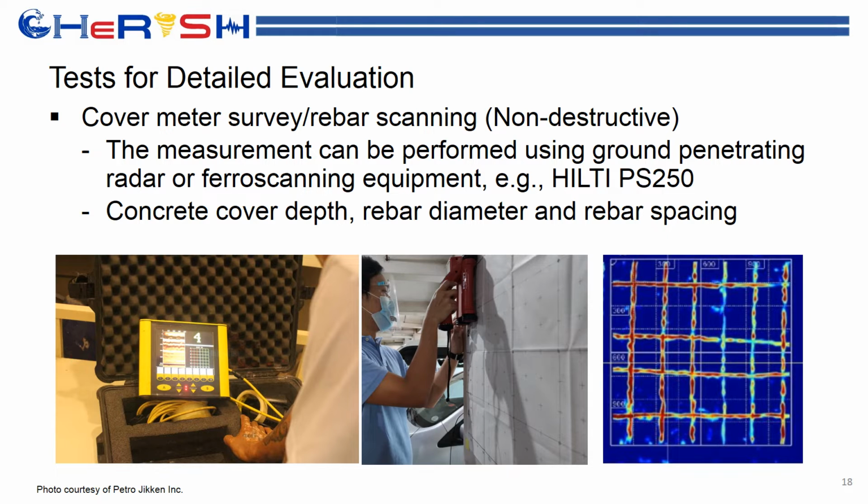Those techniques can use either a GPR, as shown in this slide, or some higher level techniques, for example Hilti PS 250, which allows us to scan or X-ray the reinforced concrete and really shows you the spacing of reinforcing rebars, and will also give you the concrete cover depth as well as approximately the rebar diameter.